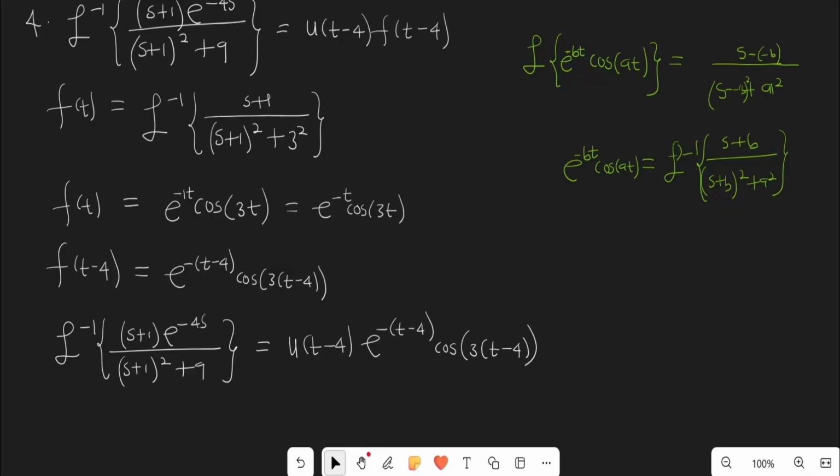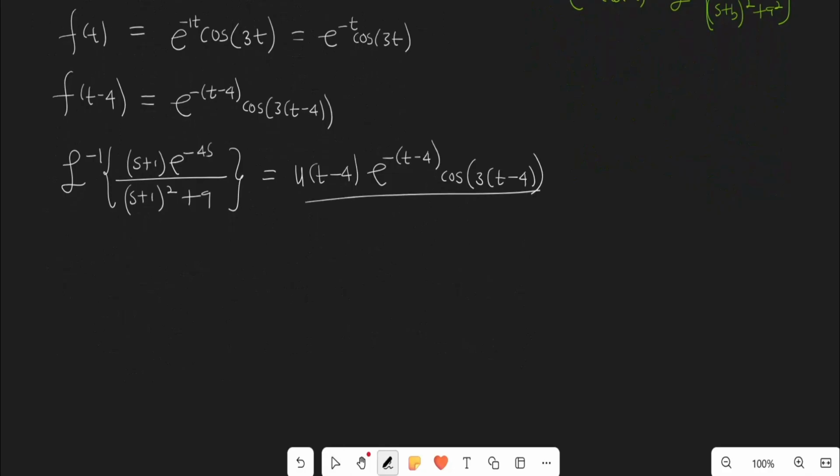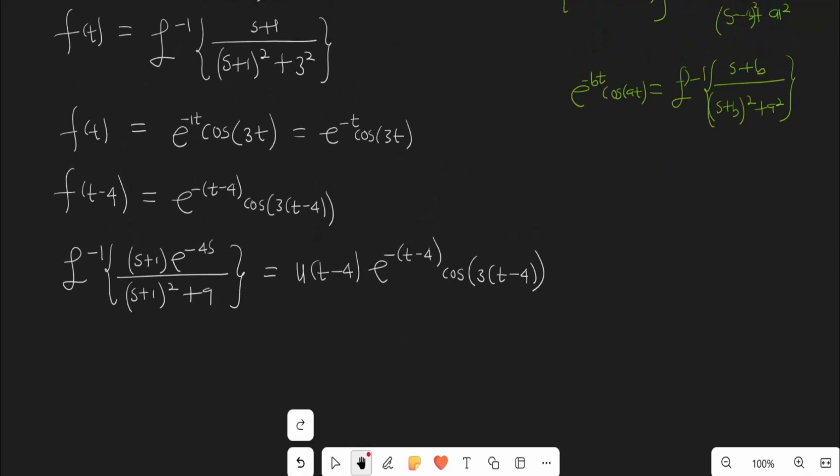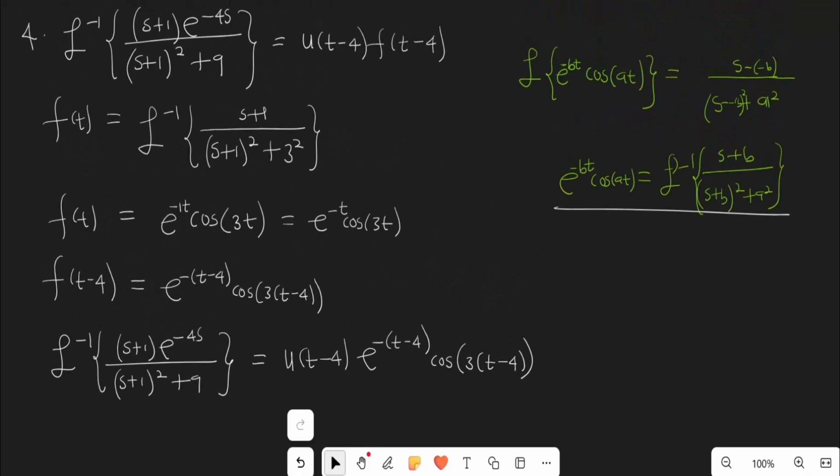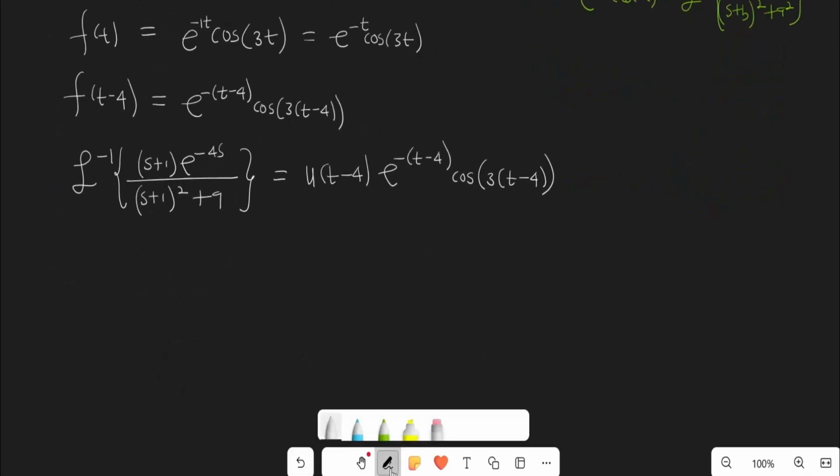So this one is the Laplace inverse of this function. You just have to apply the first shifting theorem, which is what we have here, and then we just find f of t minus 4 and replace it here, and that should be the Laplace inverse of this guy here. Cool.